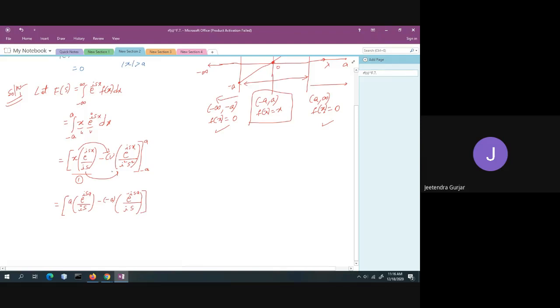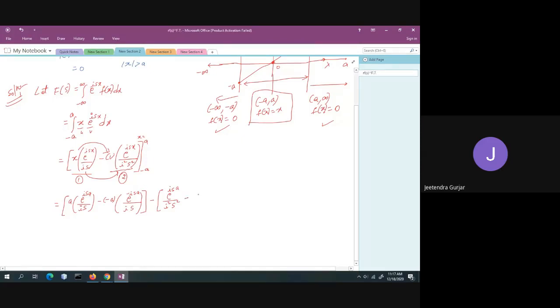First one is over. I will move to the second value. I will keep minus as it is. Now I will substitute x is equal to a. So this is e raised to i s a divided by i square s square. Is it clear?